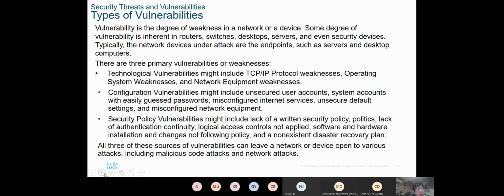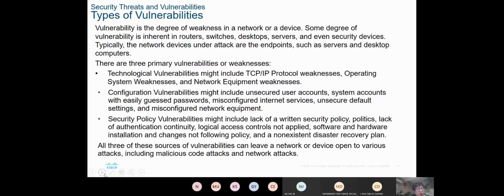Configuration is all within our IT personnel's control. When there are configuration vulnerabilities, that means the IT personnel has not done his due diligence.